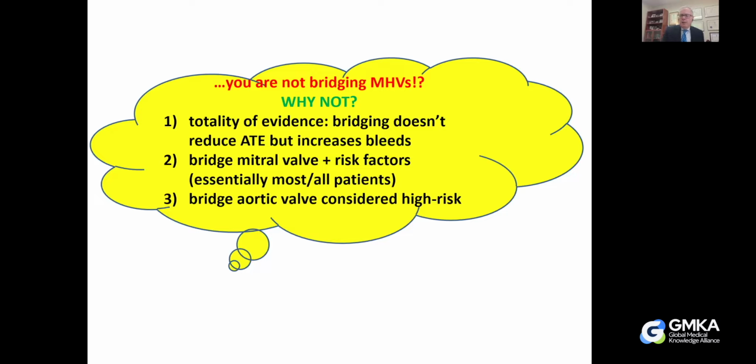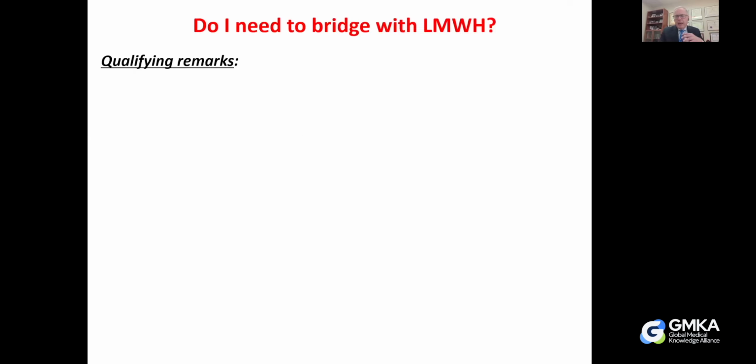There are some patients with an aortic valve who also would be considered high risk and would be bridged. But there are also many patients with aortic valves who probably do not need to be bridged. So the guideline, even though it says suggesting against bridging for mechanical heart valves, has qualifying remarks.